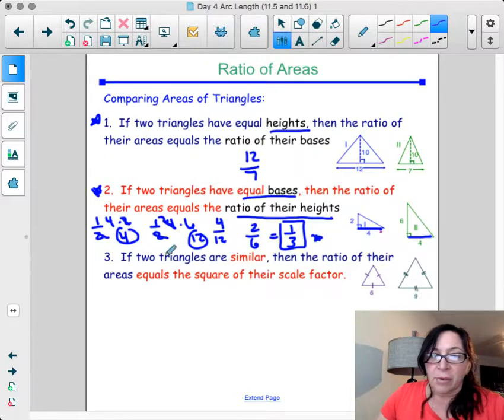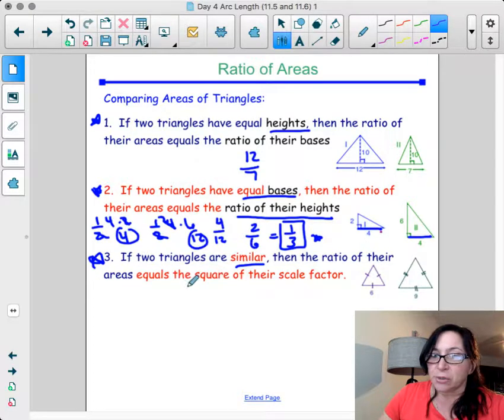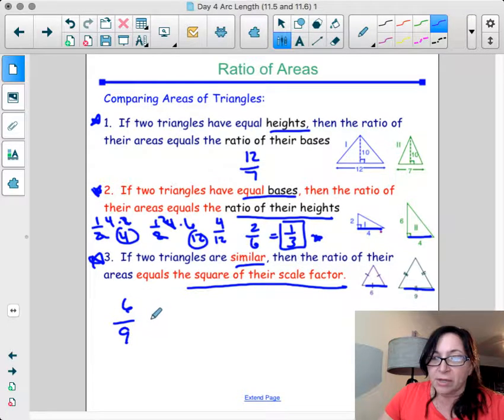And then we have the third one, which says if two triangles are similar, meaning proportional, then the ratio of their areas is equal to the square of their scale factor. A scale factor is where we compare one side to another, if you recall that. 6 to 9. We can reduce that by 3 and we get 2 to 3.